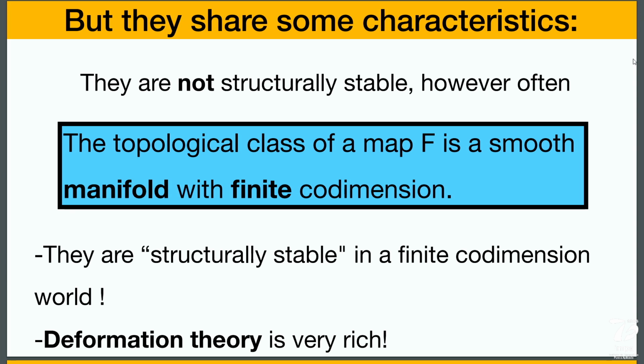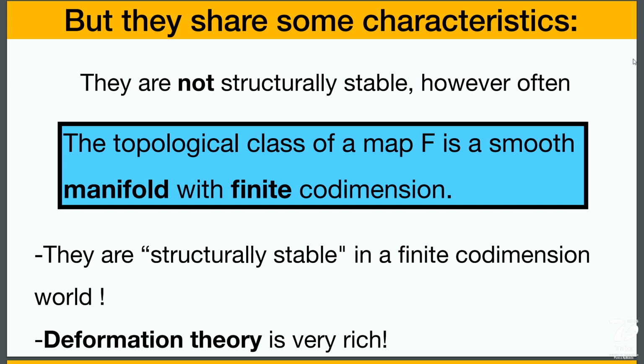If you have a diffeomorphism of the circle with a rational rotation number that is smooth enough, then if you have two of these maps with the same rotation number, they are topologically conjugate. So the rotation number in this case is also a complete topological invariant. They are not strictly stable, but it's as close to strictly stable as possible.